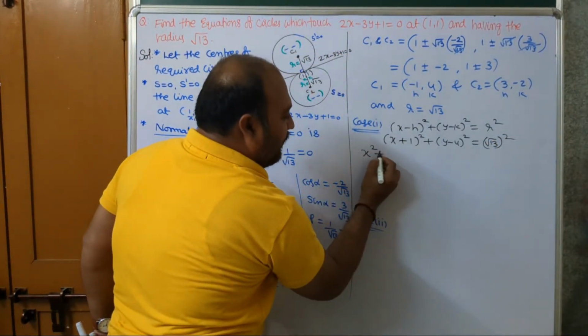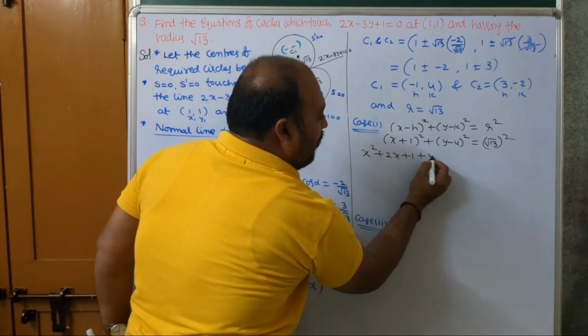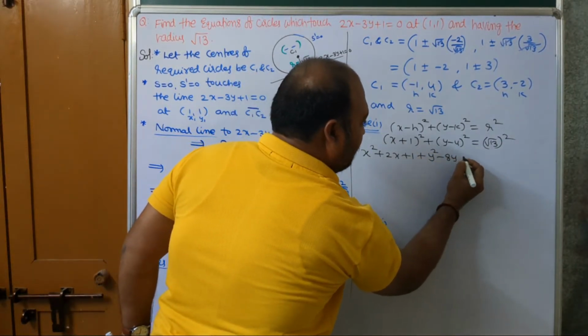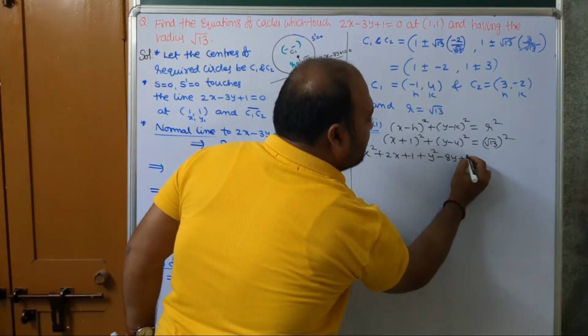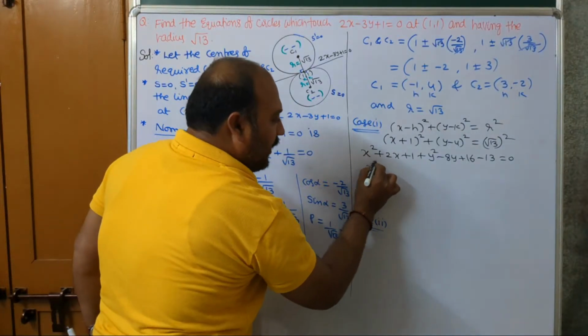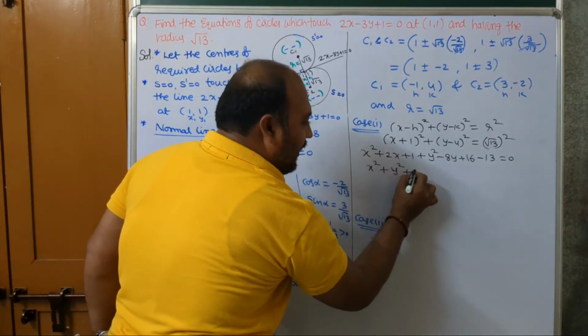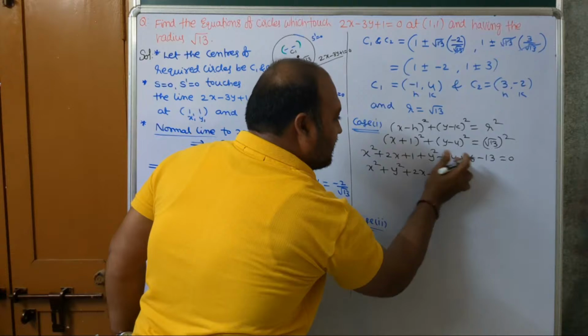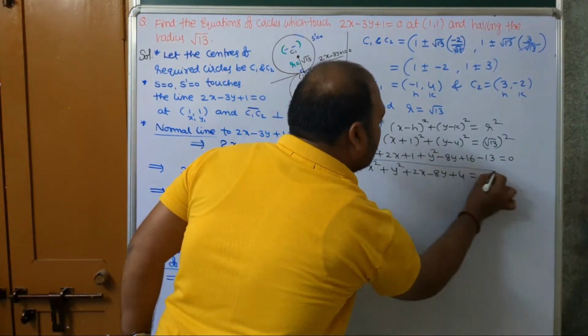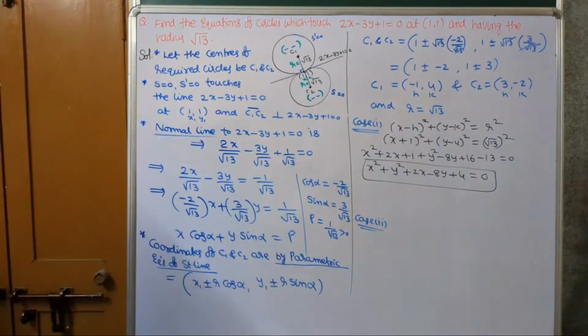So x square plus 2x plus 1, y square minus 8y plus 16 minus 13 equal to 0. 13 bring this side. So x square plus y square plus 2x minus 8y plus 4 equal to 0. This is one of the equations of the circles.